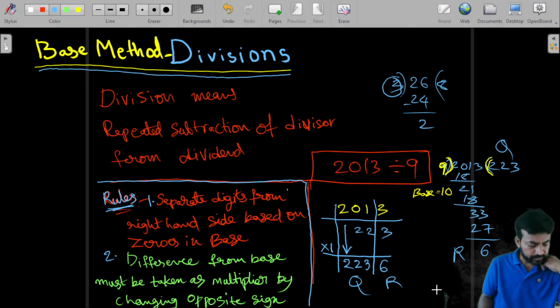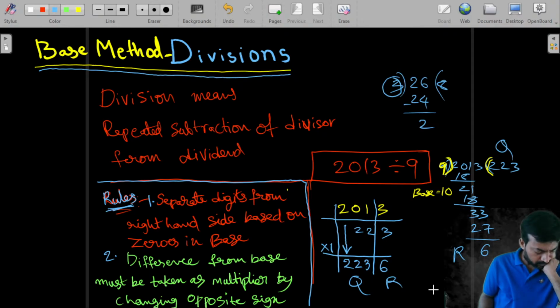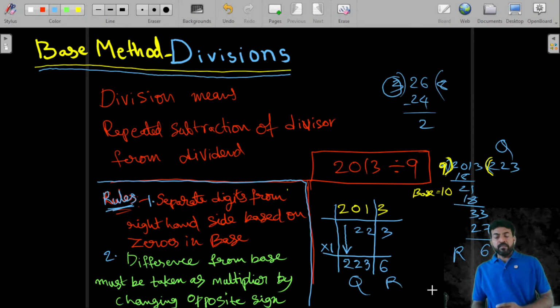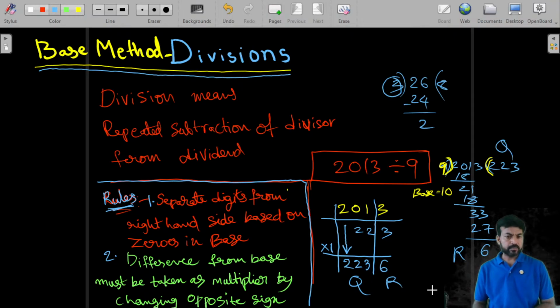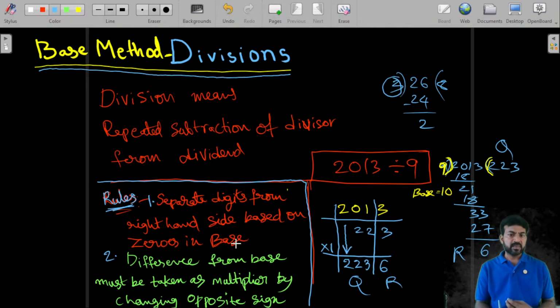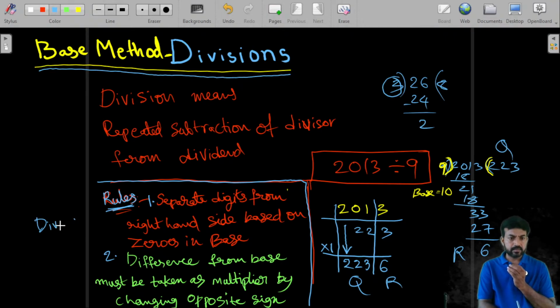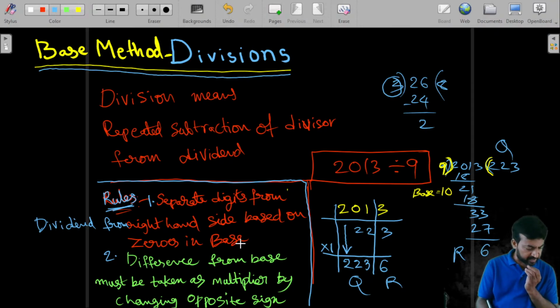Say yes or no. You can write here: separate digits from dividend from right hand side and based on the zeros in the base.